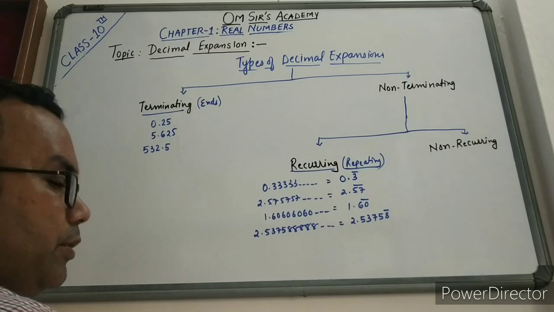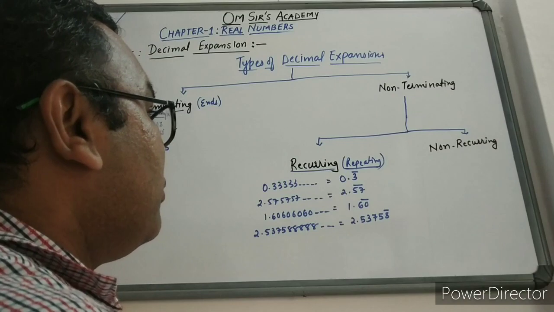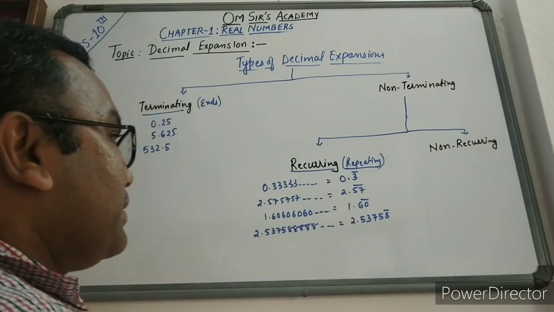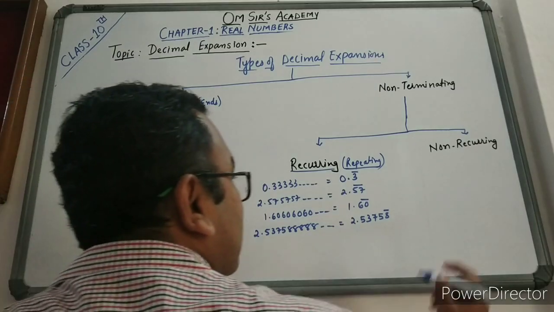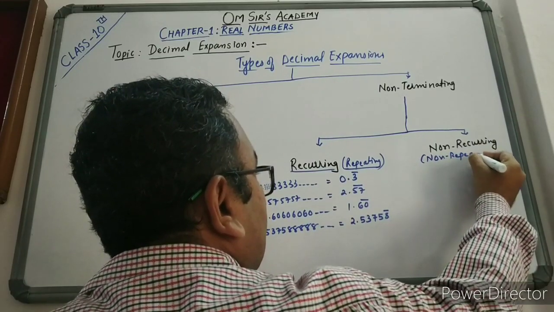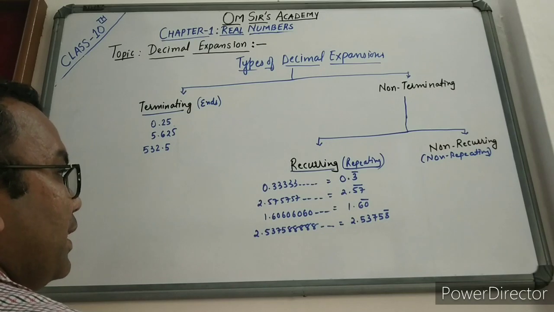Now we come to the non-recurring part. Is it clear friends? So what are non-recurring? Any guess? Non-recurring means, as the word suggests, they are non-repeating. So how can we say that they are non-repeating?